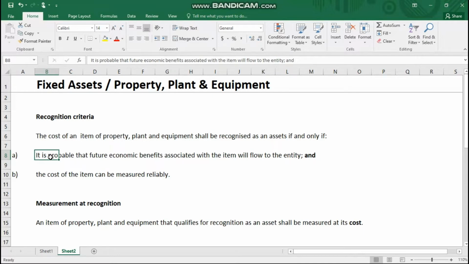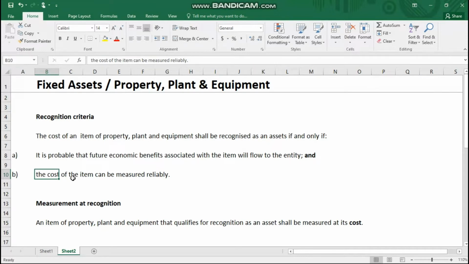Number two is that the cost of the item can be measured reliably, meaning that you can reliably measure the cost of that machinery or item. For example, if you are in the process of installing a machine, you are doing site preparation, some construction, and then on that site you will install a machine that will be used in the production process.